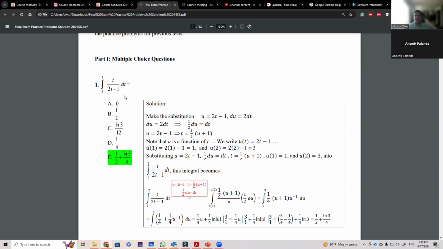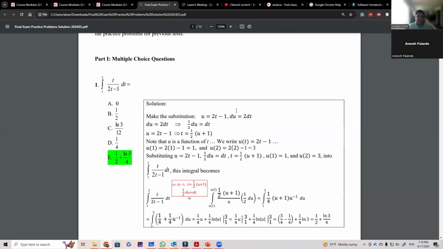When we do substitution, we always want to take the integral to one that is a basic antiderivative, like a power, 1 over u, or an exponential. So we make the substitution u equals 2t minus 1, because that denominator is too complex.